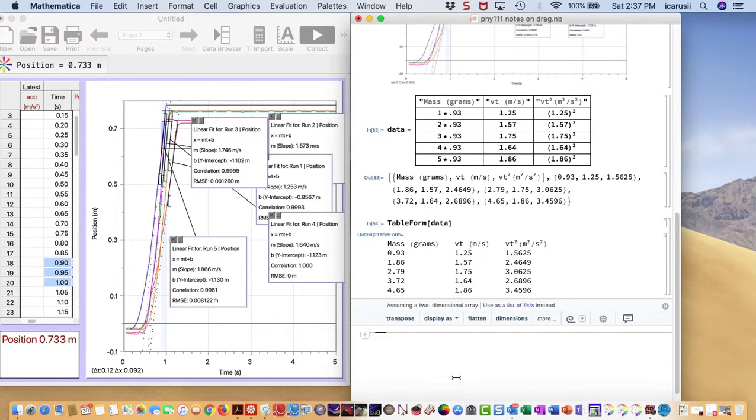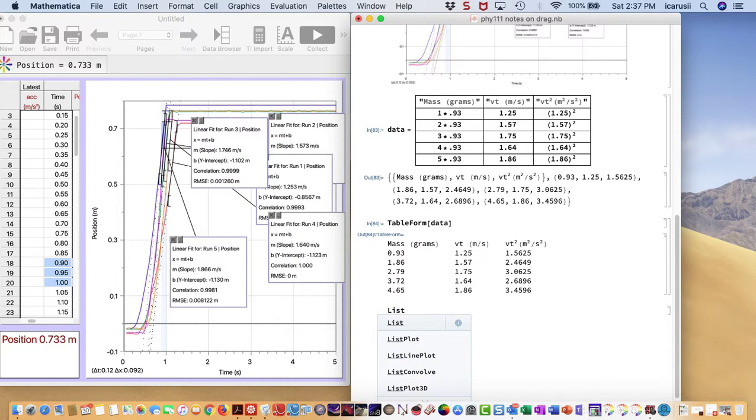Sorry for the Mathematica commands, folks. Let me just go ahead and copy and paste this.